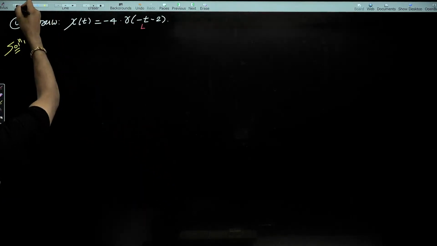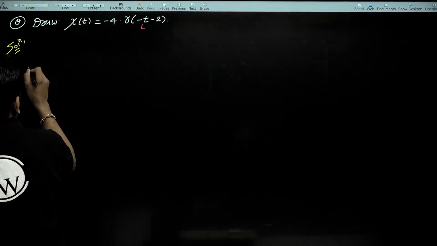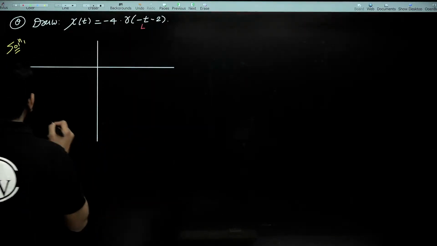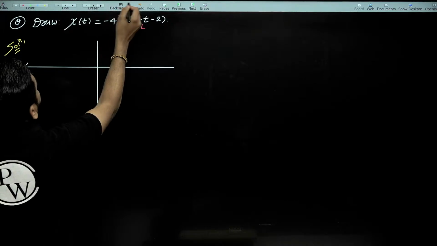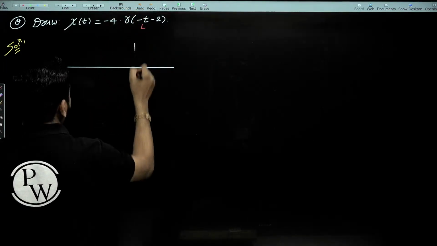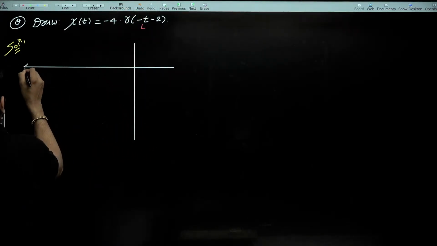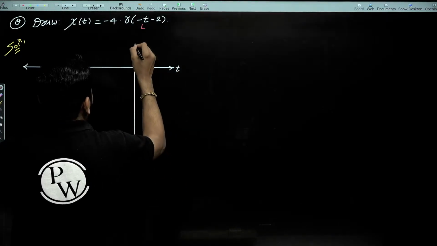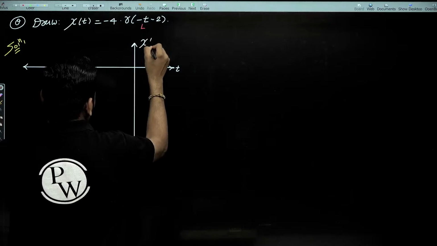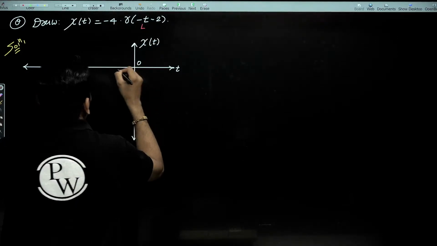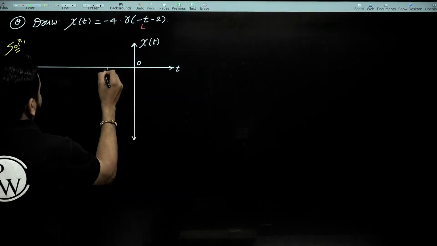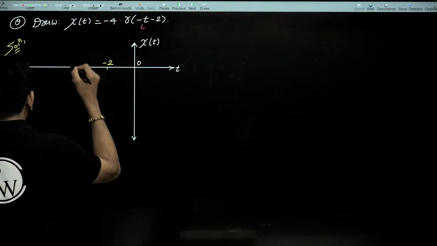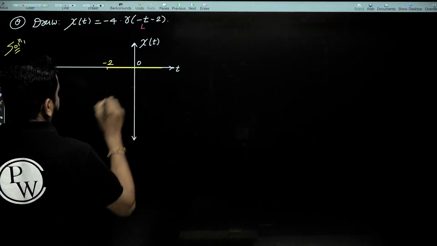Now on the left side, is it increasing or decreasing? That we have to check. Here the starting point is minus 2. For a left-sided signal, that's the region less than minus 2.